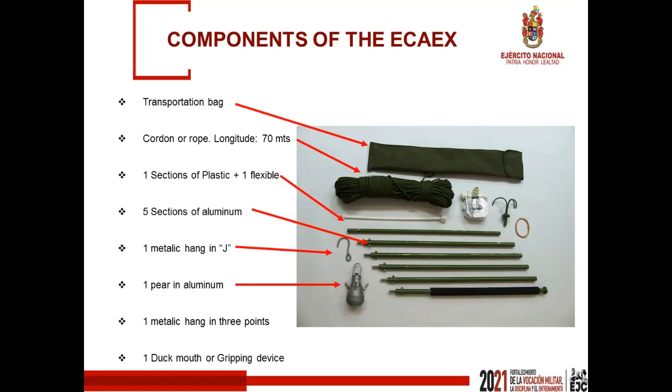Their material is aluminum, one metallic hook in shape J, one pair in aluminum, also aluminum, one metallic hook in 3 points, one dog mouth or gripping device, called that because its shape resembles a dog's mouth.